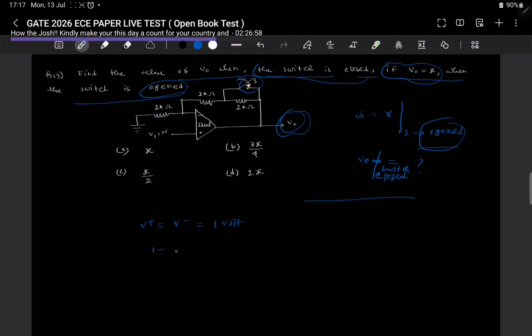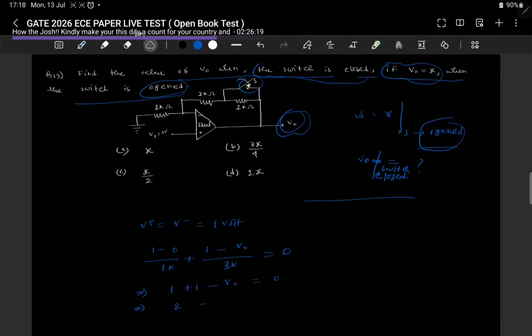Now nodal: minus VO by 3k equal to 0, plus 1 minus... equal to 0. One second, here 3.